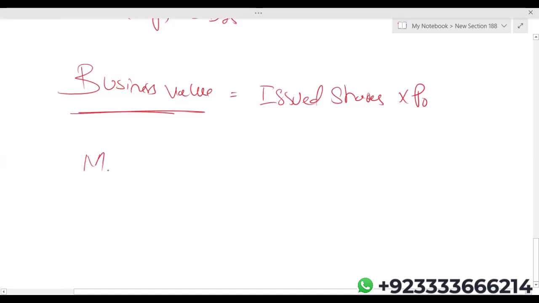If the examiner asks you to calculate market capitalization using the dividend valuation model, first we calculate P naught, then multiply it with the issued shares.